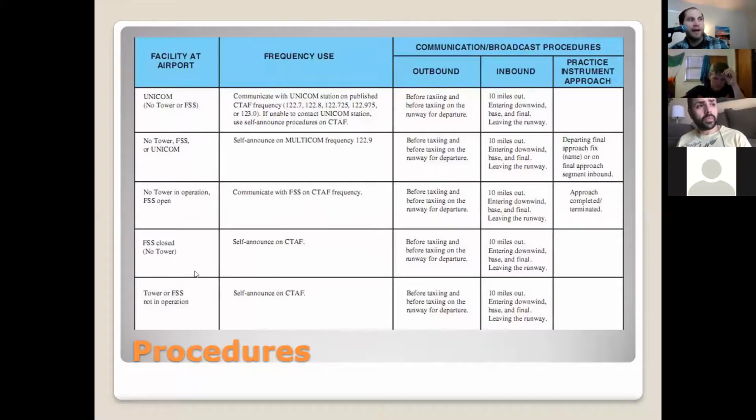If there's not an airport control tower in operation, then you're going to use self-announced procedures, which is probably going to be on CTAF, possibly Unicom or Multicom, but it's really more of a CTAF environment according to this chart. And all these are the same answers. Ten miles away is a typical time that you would go ahead and make radio calls, entering or exiting the traffic pattern, things of that nature.